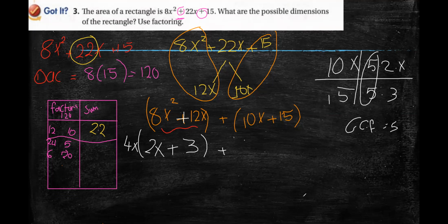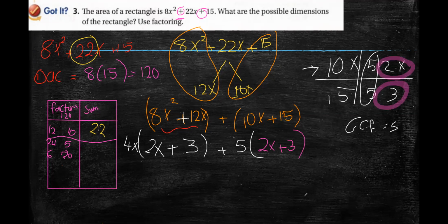So plus 5, and if I take 5 as a common factor, what is left is 2x plus 3.